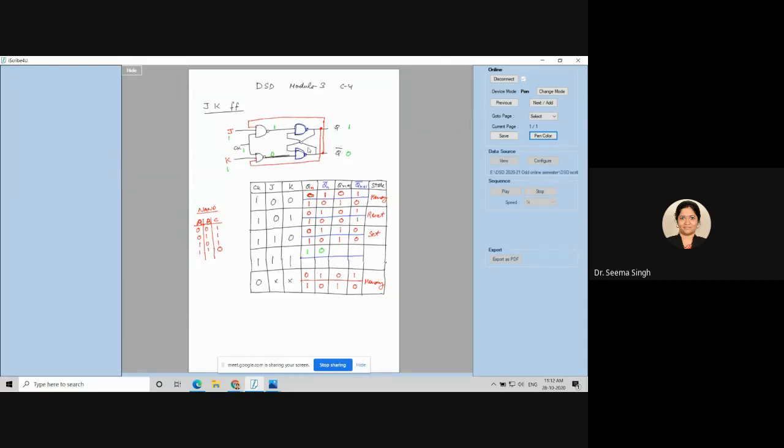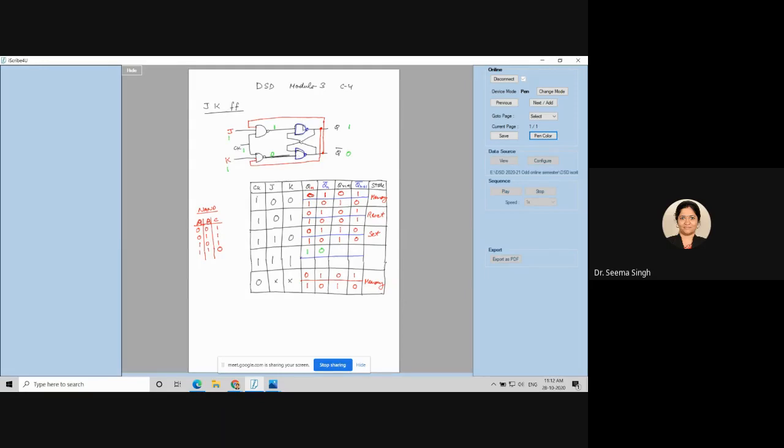It will be making your output to be, or let us make our NAND gate here. So 1 is going here, and what is the feedback here? 0, right? And a 0 is going here, and what is the feedback here? 1, right? So what will happen now?